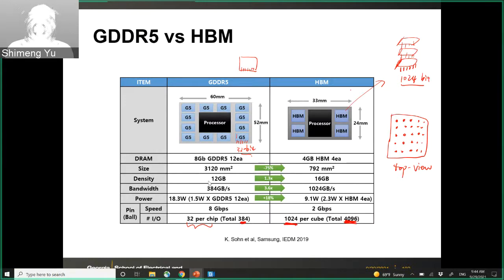For the GDDR5 case, the bandwidth per pin is larger than 1 gigabyte per second, so it seems that they didn't use those 384 pins simultaneously. But anyway, this number is at the system level. That is what the processor can fetch from the DRAM system. This is the bandwidth for the total memory channel.